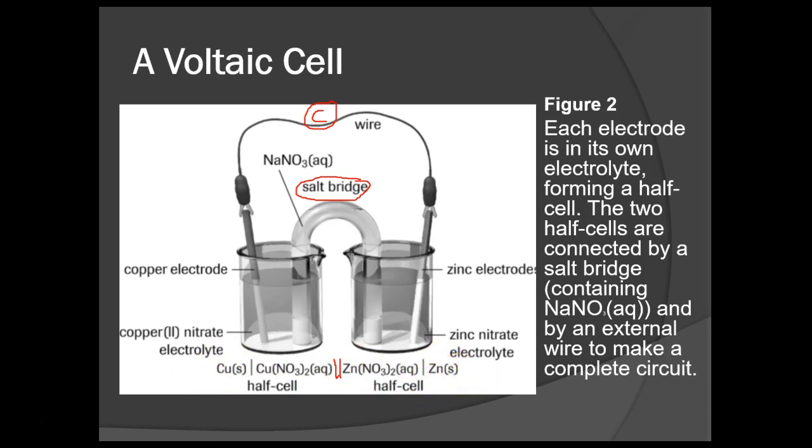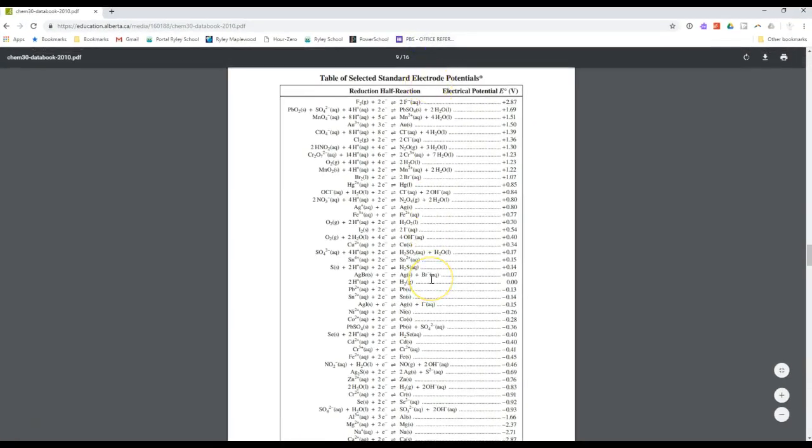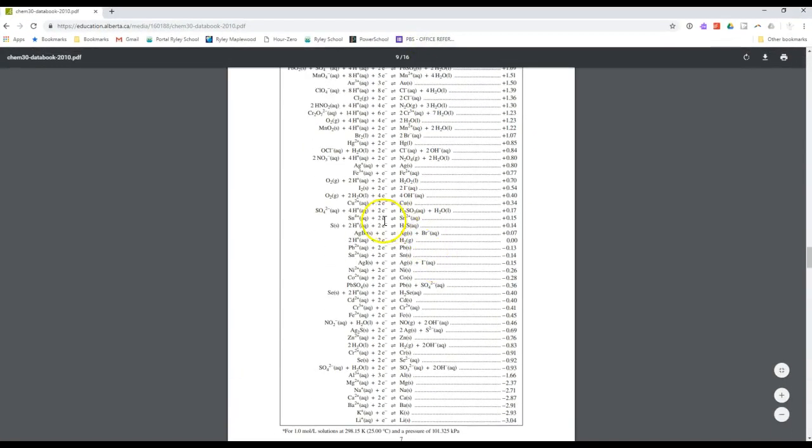So going over to my table of relative strengths, what I can see on here is we can find the zinc ions, and I won't be able to draw on this, but we'll be able to find them relatively quickly. Here are our zinc ions down here and our solid zinc, so oxidizing agent, reducing agent.